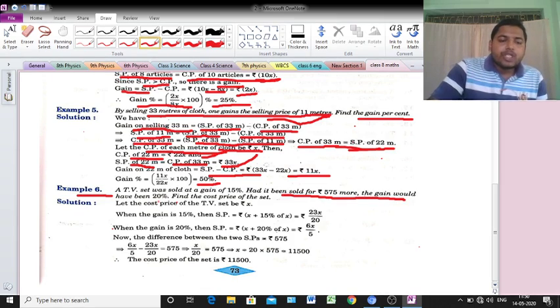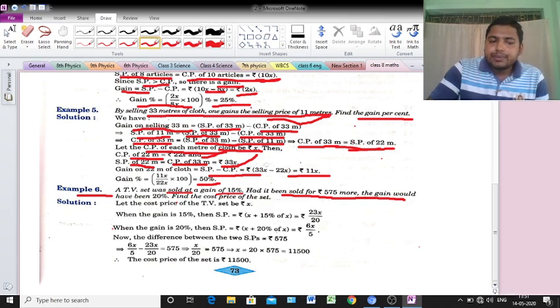At first, read the question properly. What is the given data? A TV set was sold at a gain of 15%. Had it been sold for rupees 575 more, the gain would have been 20%.